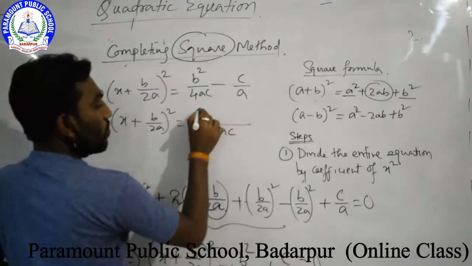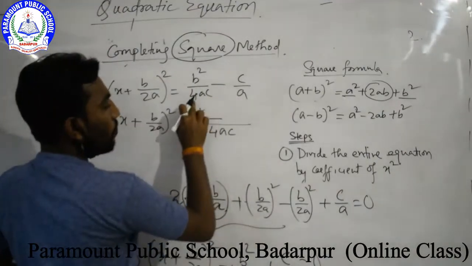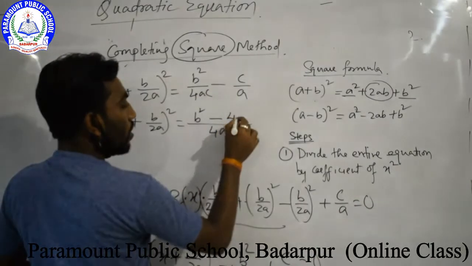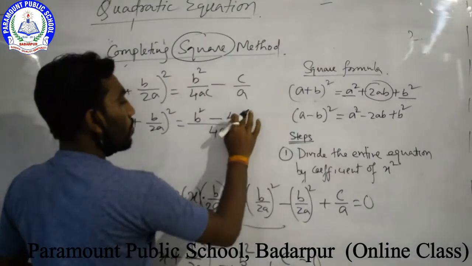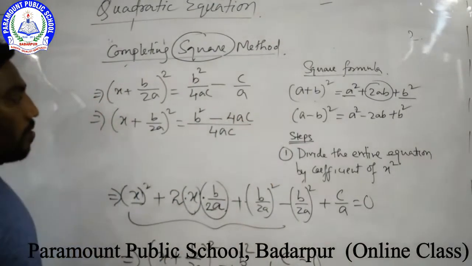What is left here? B square minus, from here if we take out a, 4c is remaining. So multiply 4c with this. So it will become 4ac. Okay?